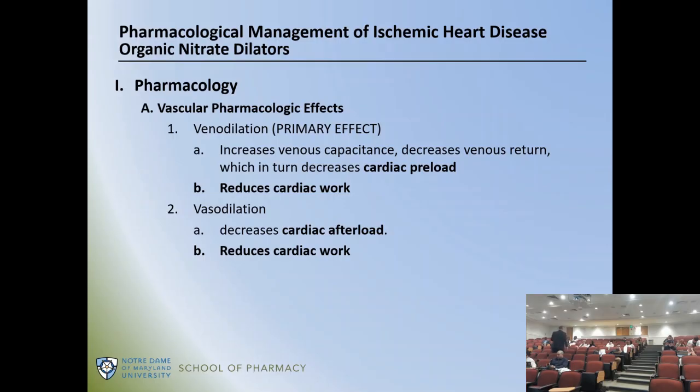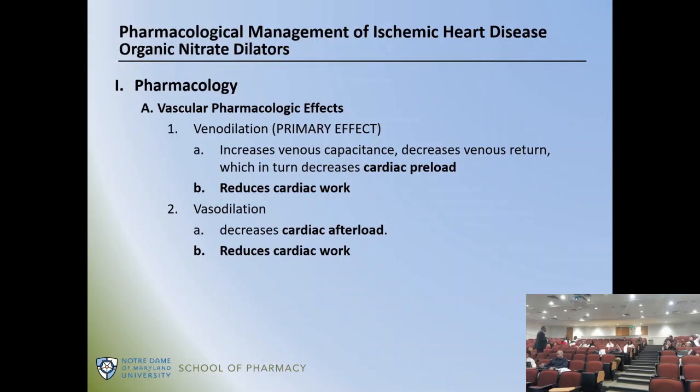So if you think about it like that, it can really help throw these drugs into each of those categories, okay? You can get really tied up with a lot of the molecular mechanisms of action of these drugs, like glutathione transferase and things like that. My advice is don't worry about that right now. Worry about those major effects. Does the drug reduce cardiac work? Does it improve coronary blood flow? Does it do both?